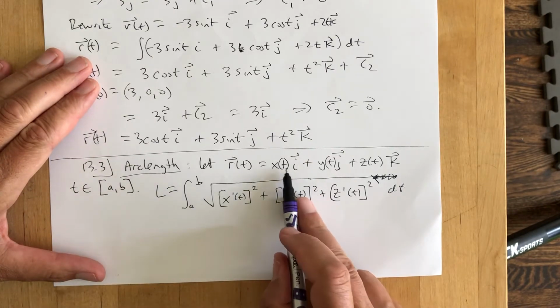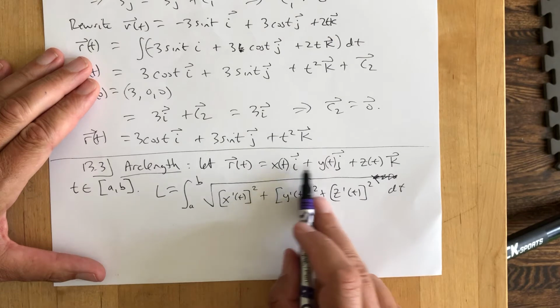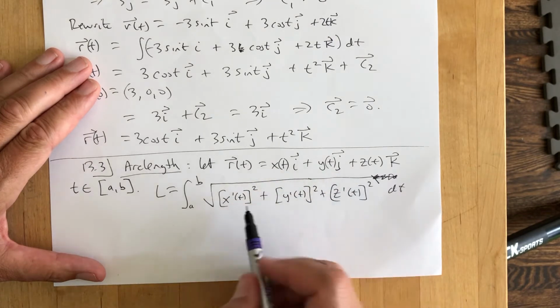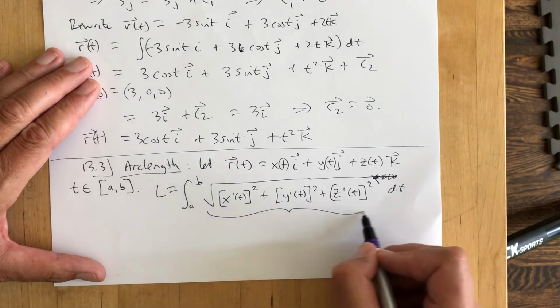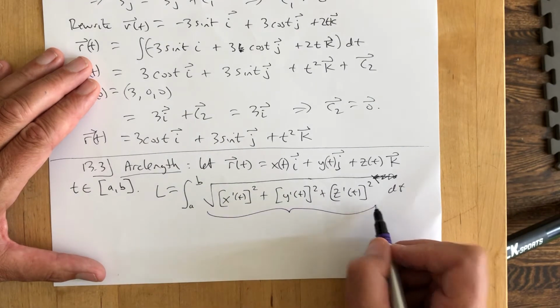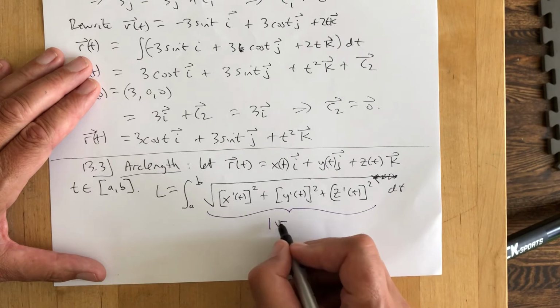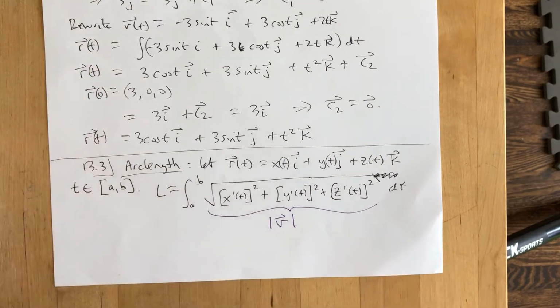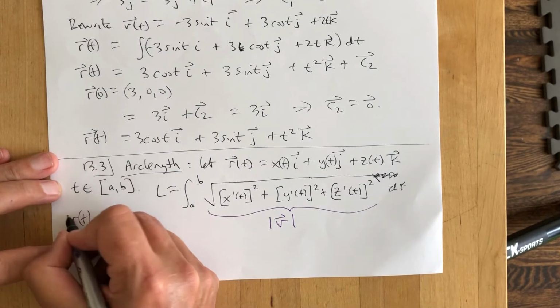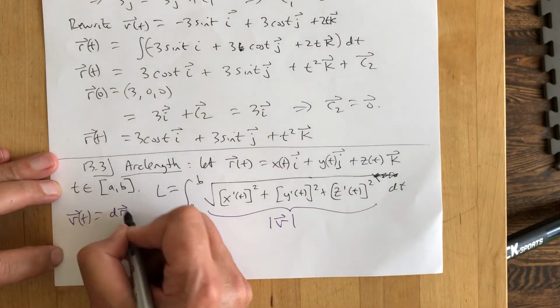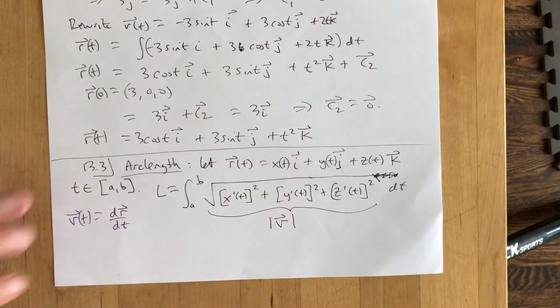Given this vector r, which has x, y, and z as components, if you look at this square root, this is actually the norm or the length of the derivative, where v is dr dt.